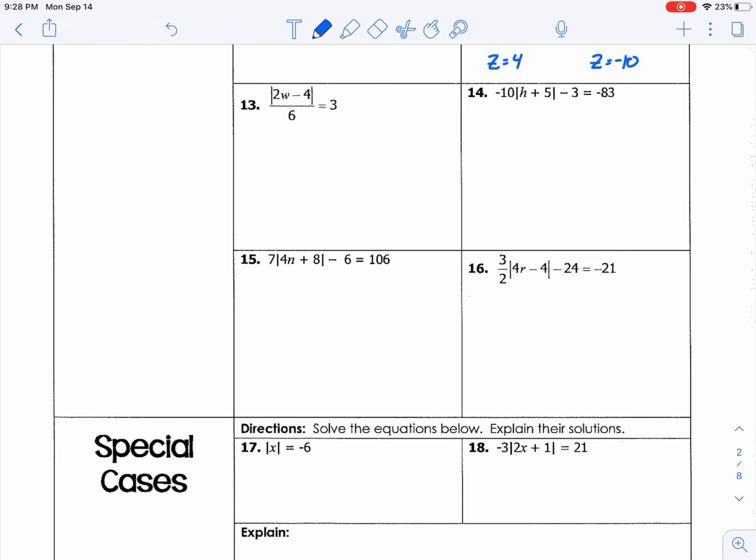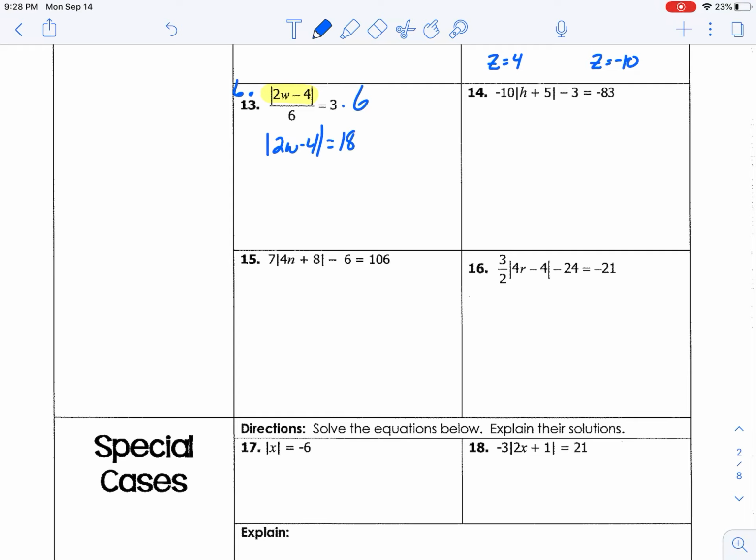All right, and again, this process is going to remain the same all the way through. We have to isolate what I highlighted, the absolute value. So that means we have to get rid of the 6. We're going to multiply by 6, and multiply by 6. So I'm left with the absolute value of 2w minus 4 is equal to 18.